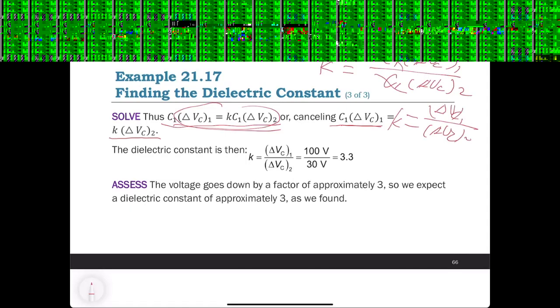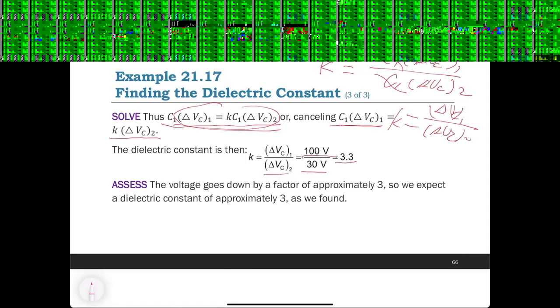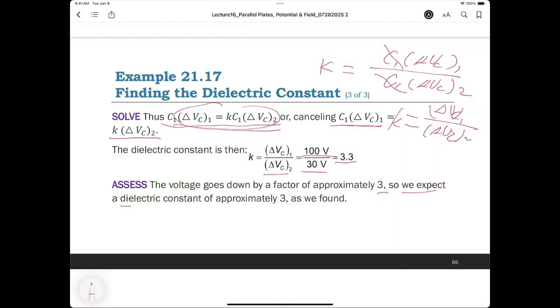That makes sense to you? VC1 equals 100 volt and VC2 equals 30, which means K equals 3.3. The voltage goes down by a factor of approximately 3, so we expect a dielectric constant of approximately 3, as we found.